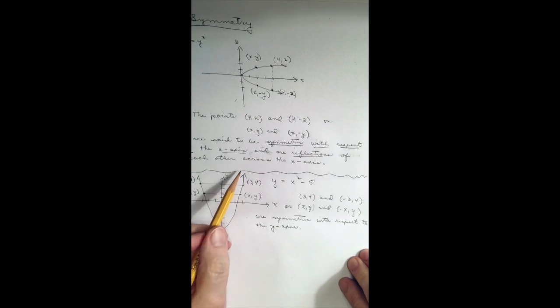And so these are reflections across the y-axis. And so we would say the whole graph of this parabola here is symmetric with respect to the y-axis. And the previous one we looked at, the graph of this parabola is symmetric with respect to the x-axis.